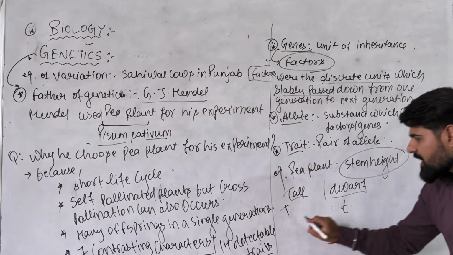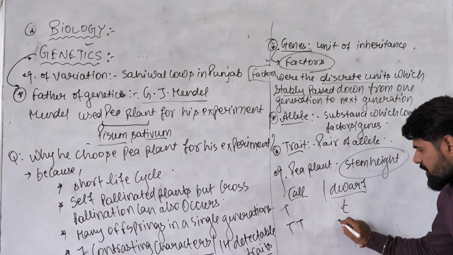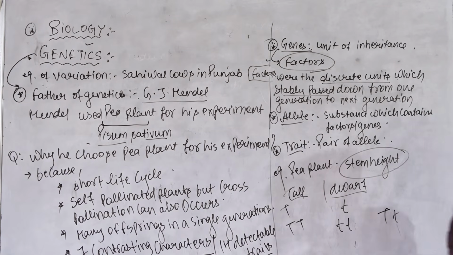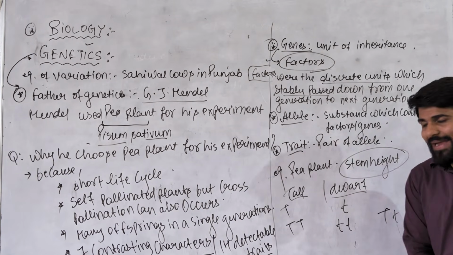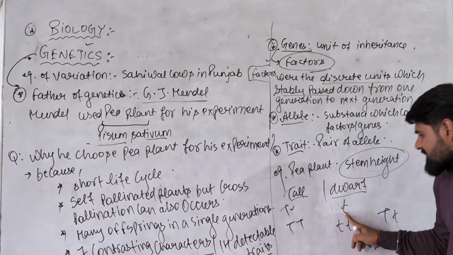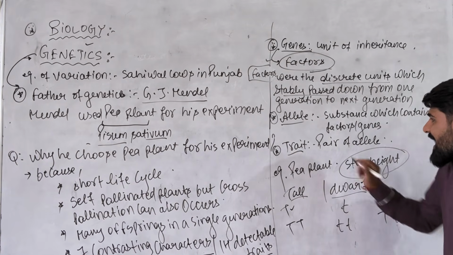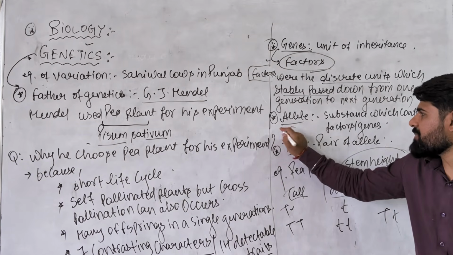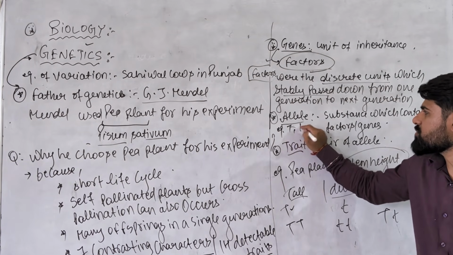The pair of allele could be these. So these are the pairs, right? Now, if the single T and this single small t show allele, what does it show? It shows allele. तो allele के example अगर लिखें तो आप single लिखेंगे, capital T, small t.